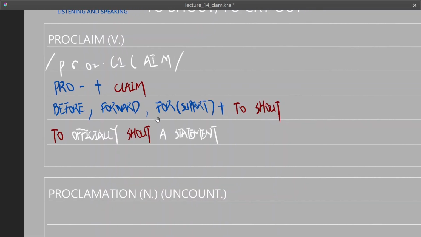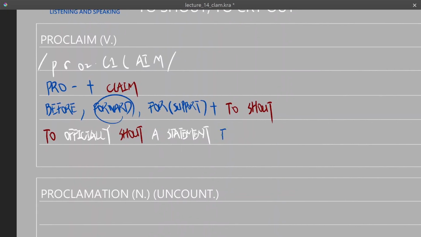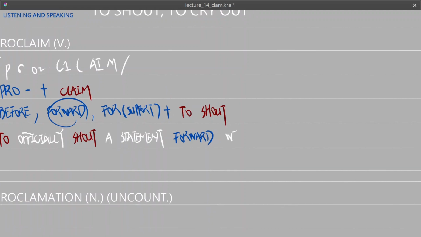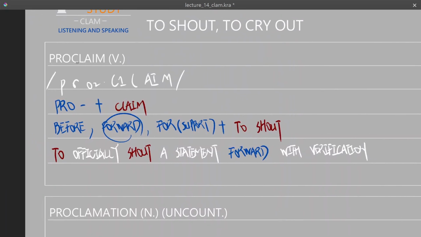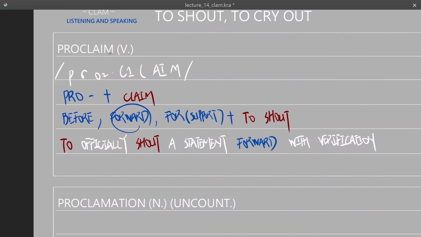Officially shout a statement forward with verification. So claim would be to shout something without verification. And proclaim would be to shout something with verification.